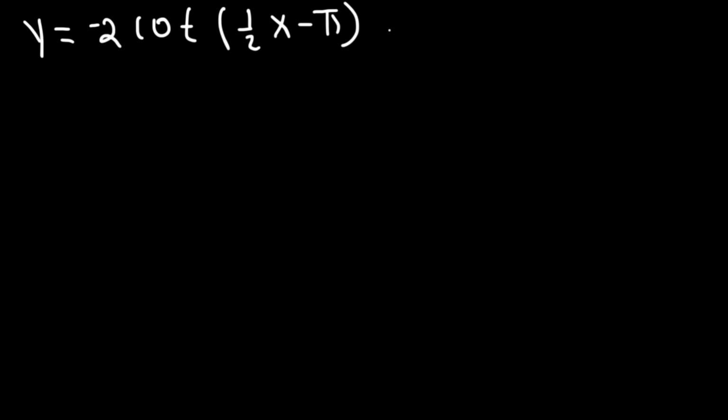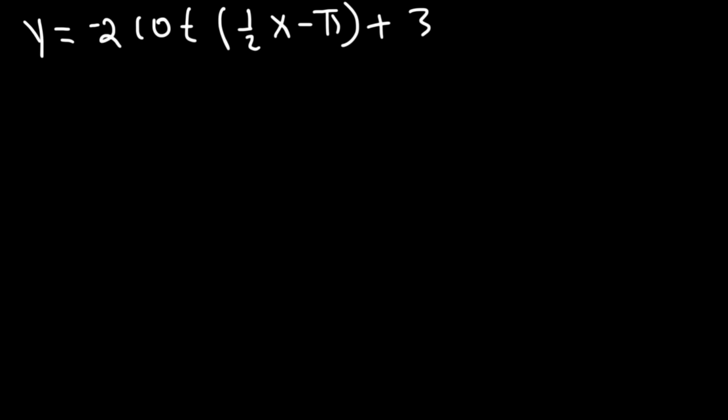Let's say that y is equal to negative 2 cotangent, and then it's going to be 1/2 x minus pi, plus 3. So what if we have a phase shift and a period and everything else?